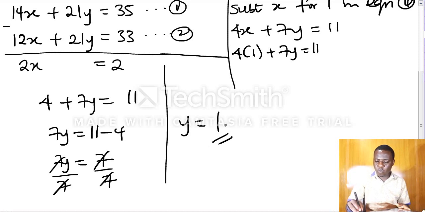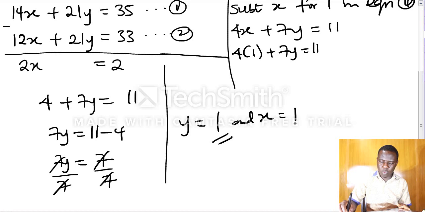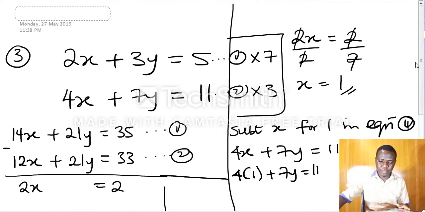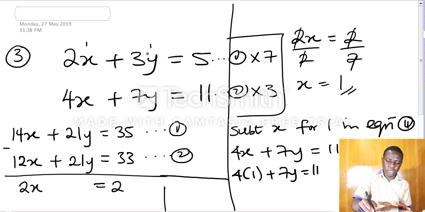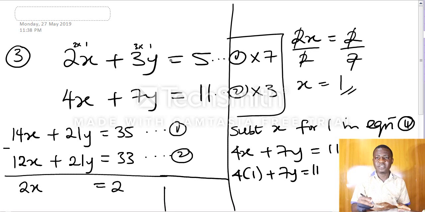Our value of y is equal to 1. So if y is equal to 1 and x is equal to 1, let's substitute and see if the left hand side is going to be equal to the right hand side. If x is 1 and y is 1, 2 times 1 is 2, plus 3 times 1 is 3. So 2 plus 3 is 5.